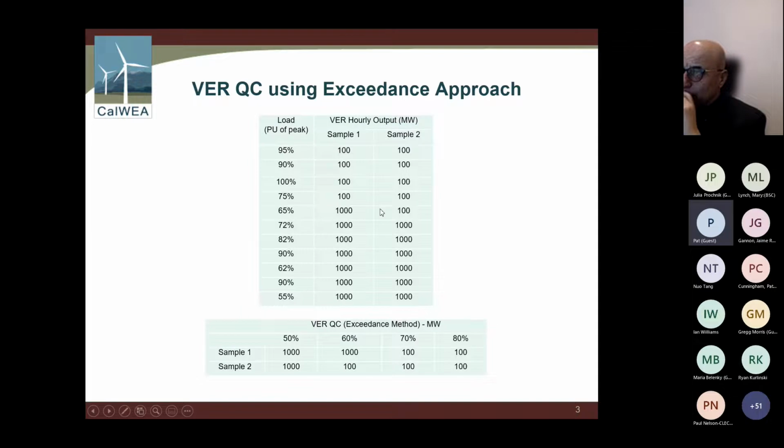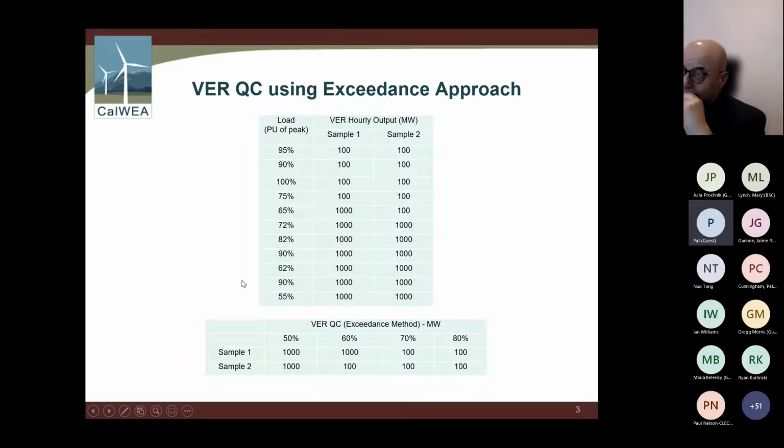In this example, I want to talk about how exceedance works. It shows various generation, maybe hour ending 16 and hour ending 18, in different days of July, for example, or whatever month. Load level happens to be varying quite a bit in this range.